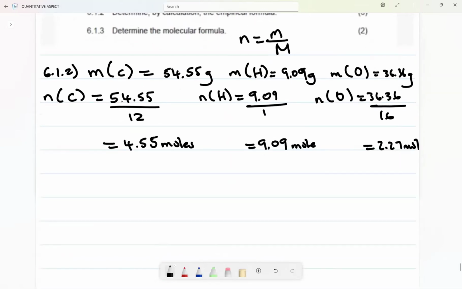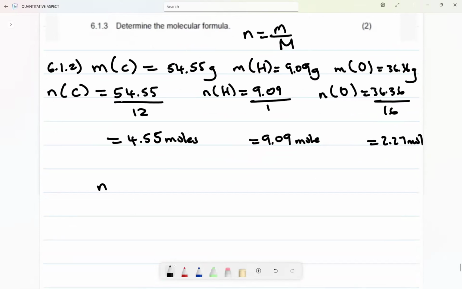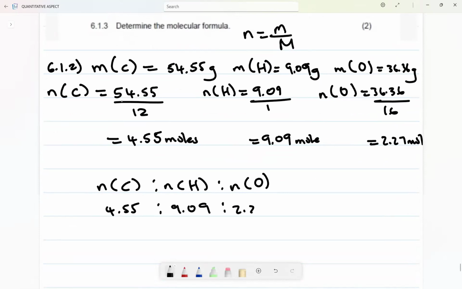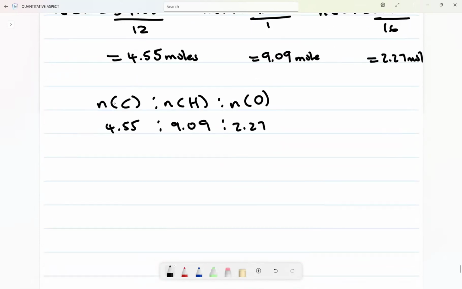Then remember, what do I need to do? I need to align them: number of moles of carbon, hydrogen, and oxygen. Then it is 4.55, 9.09, 2.27. And then I'm going to divide by the smallest. Which one is the smallest? It's 2.27. So 4.55 divided by 2.27 gives something like 2.